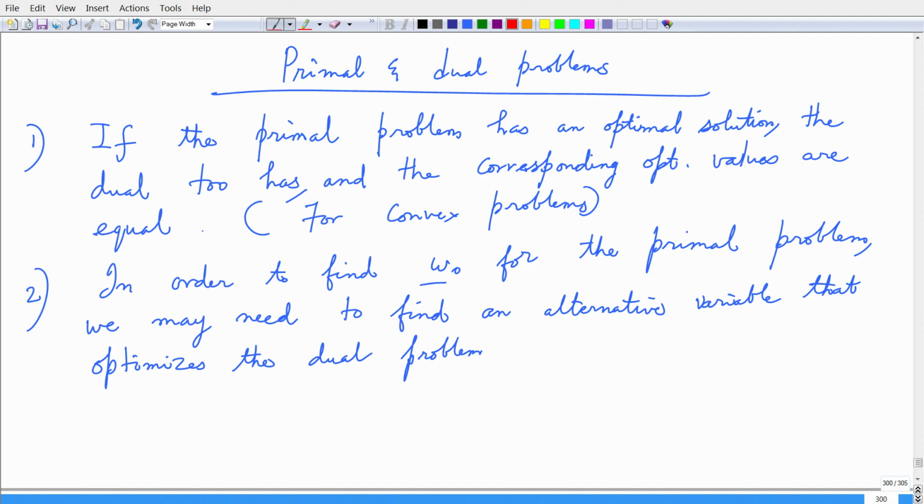For non-convex problems, you can have this gap between the primal problem and the dual problem, and you want to reduce this gap through your optimization techniques, but this gap is basically 0 for convex problems.